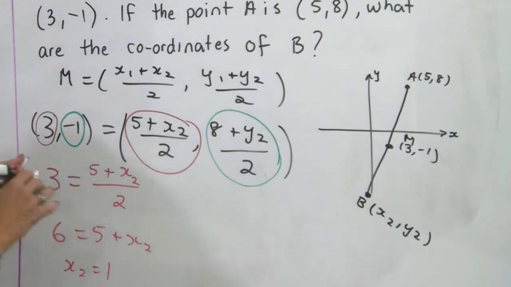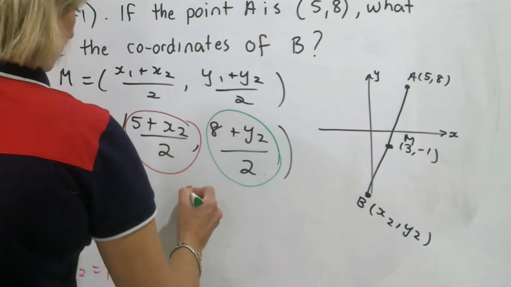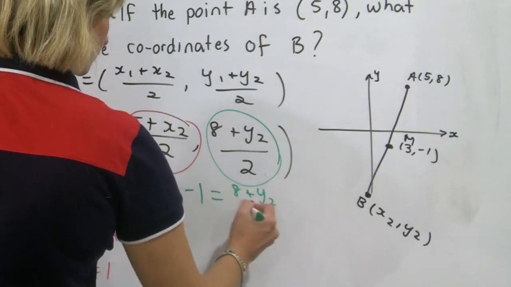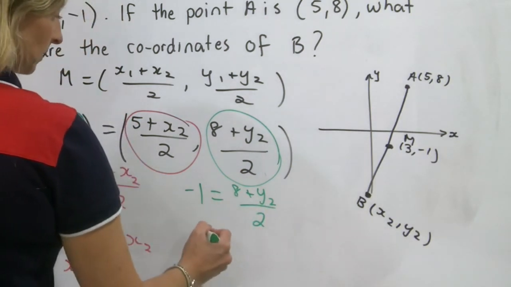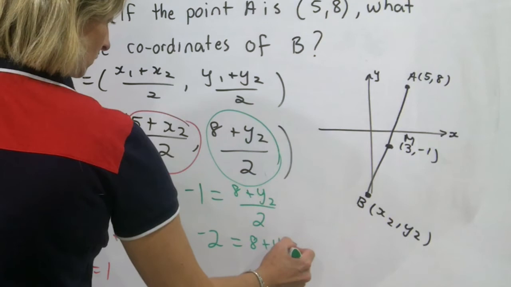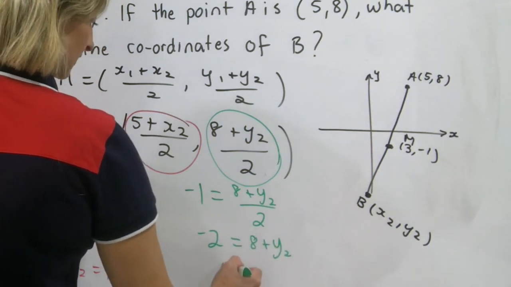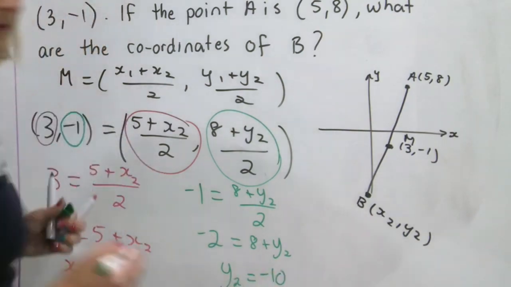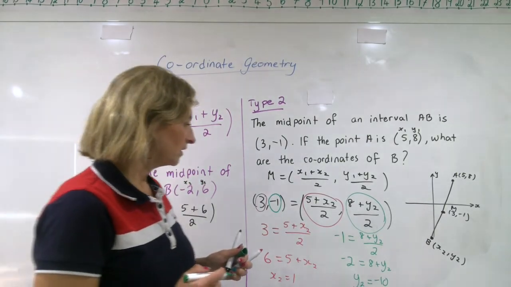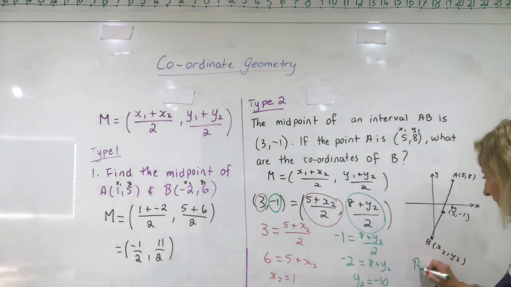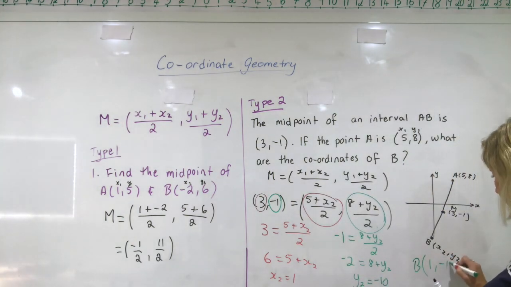And if I do the same thing over here, I have minus 1 equals 8 plus y2 over 2, times both sides by 2, negative 2 equals 8 plus y2, and take away the 8, so that y2 equals minus 10. I now know that the coordinates of my point B must be 1, negative 10.